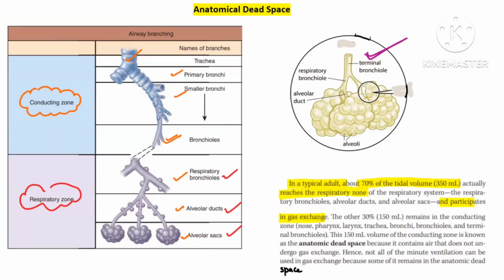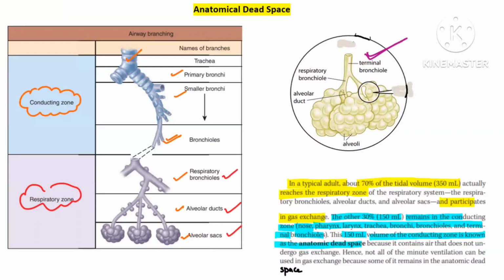The remaining 30%, 30% means 150 ml, will be present in the conducting zone. And the conducting zone starts from the external nostril till the terminal bronchiole. Clear, beta? You can see the sequence is given here, till the terminal bronchiole. And this 150 ml volume of air which is present in the conducting zone is known as anatomical dead space.